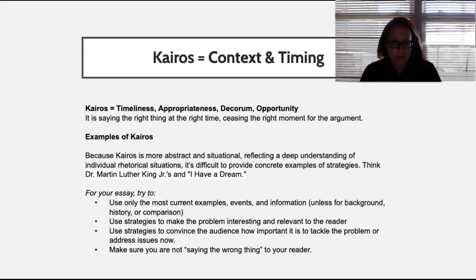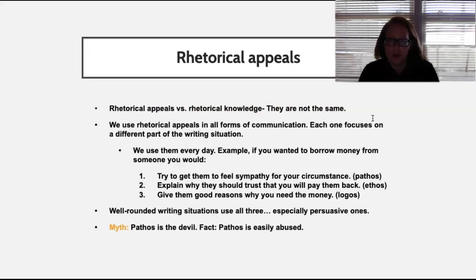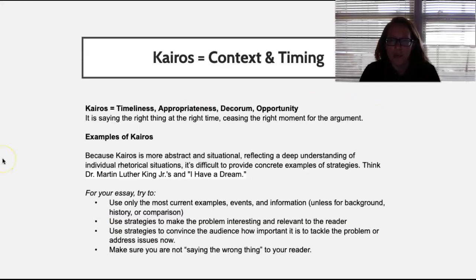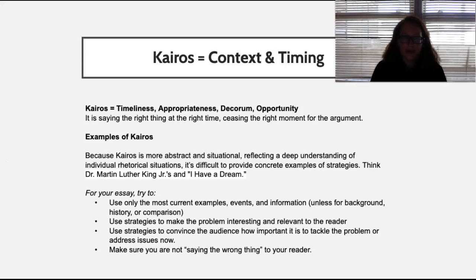So Kairos is about context and timing. Some keywords that go along with it are timeliness, appropriateness, decorum, opportunity. It's about taking advantage of the moment, saying the right thing at the right time. Because Kairos is more about the whole context, it's a little more abstract and situational.